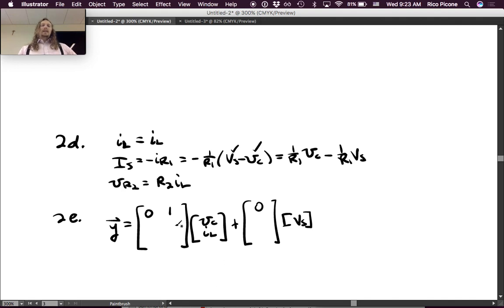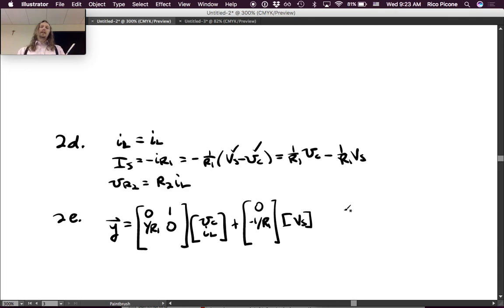The second output is 1 over R1 VC, minus 1 over R1 VS. So there's no IL in there. And then there's a minus 1 over R1 in the VS term.